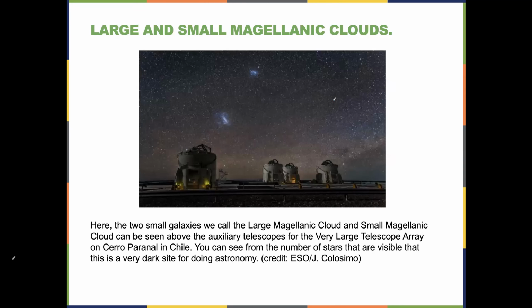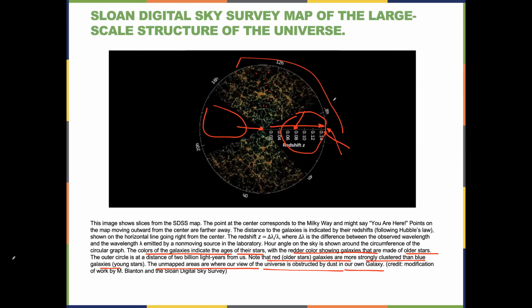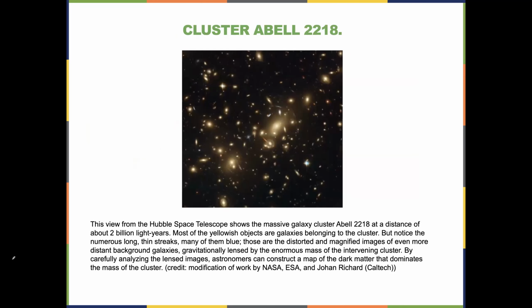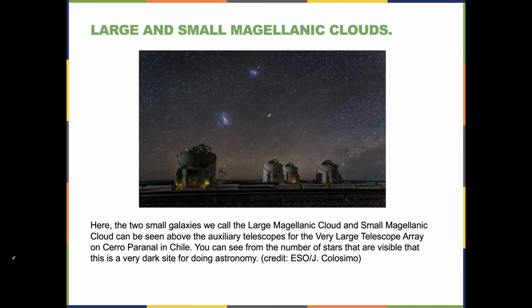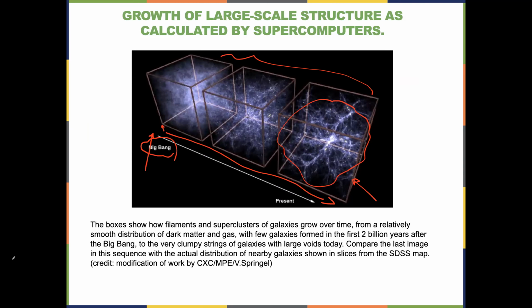And if you look at the result from the Sloan Digital Sky Survey, you can clearly see a similar type of structure, right? So the simulations and the observational results agree nicely. That's why we can confidently say that this is the structure of the universe on the present day.